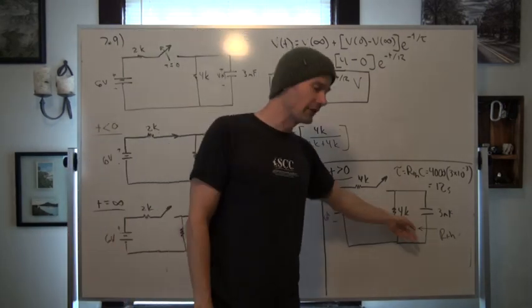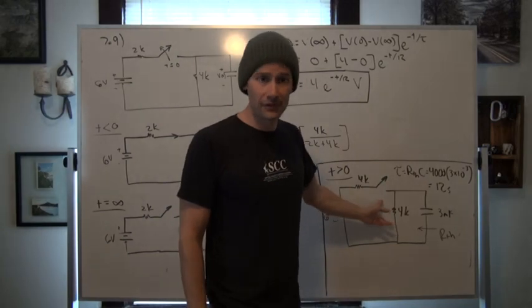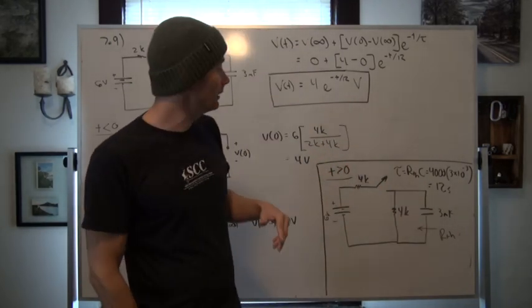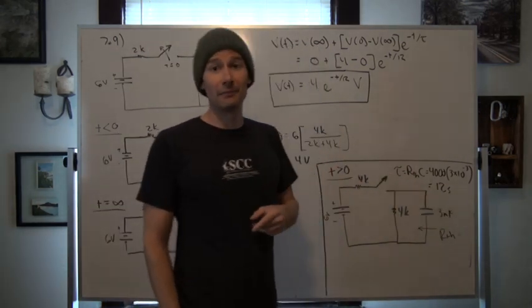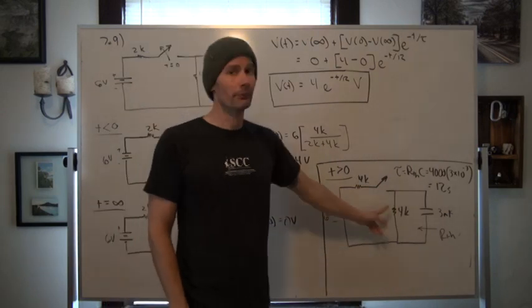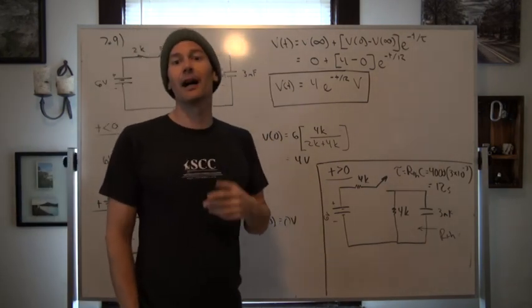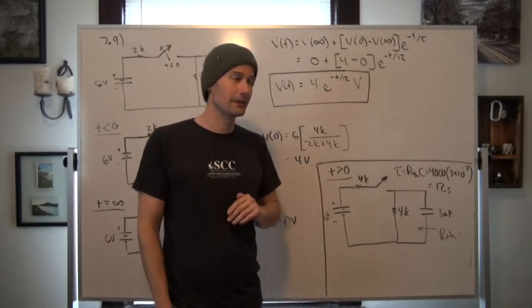And so the only resistance that would actually be seen by that capacitor was the 4K ohm resistor. Multiply that by 3 millifarads, 3 times 10 to the negative third, and we get a value of 12 seconds. And that makes sense because 4,000 ohms is quite a bit, and 3 millifarads is actually a very high value of capacitance. Usually we see it in the microfarad range.